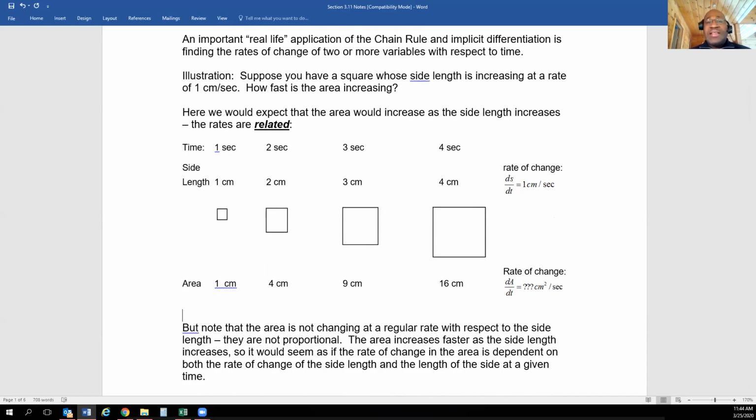What we see is that the area is actually increasing faster as the side length increases. So it seems here that the rate of change in the area depends on two things: the rate of change of the side length, as well as the length of the side at any given time.